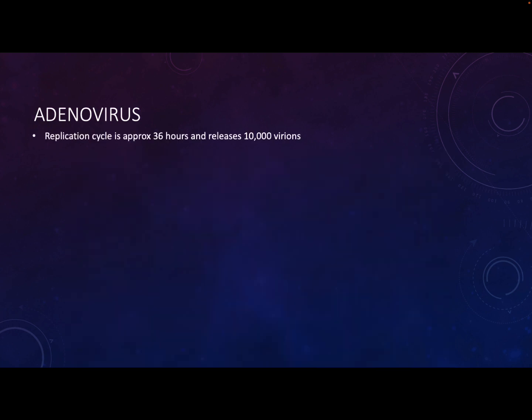These are relatively quick. It's one of those, somebody comes home with a cold and you're like, oh man, because you know within a day or two you're going to get it too. The replication cycle is about 36 hours and one infected cell will release about 10,000 infectious virions. So the burst size is about 10,000.